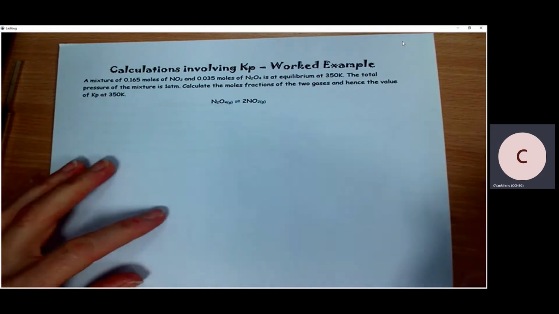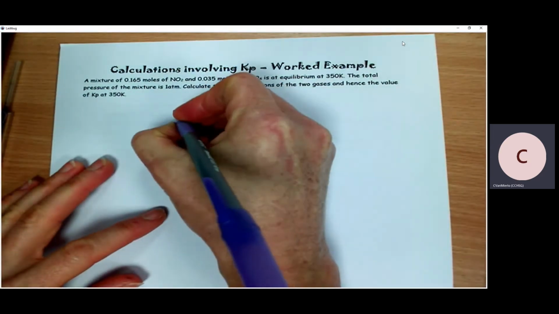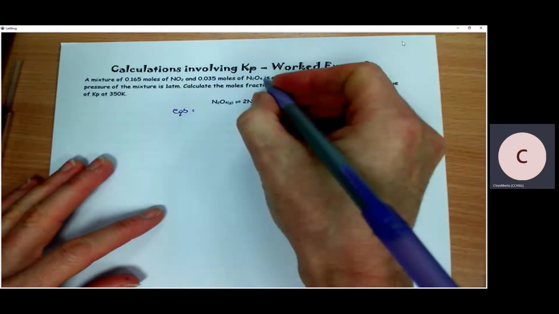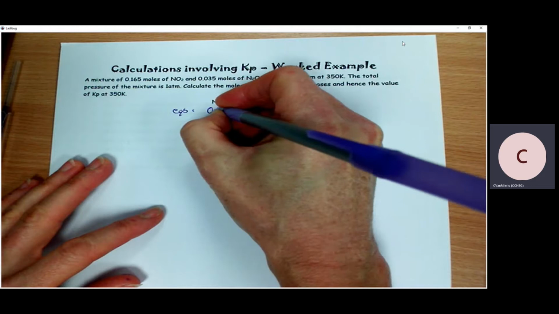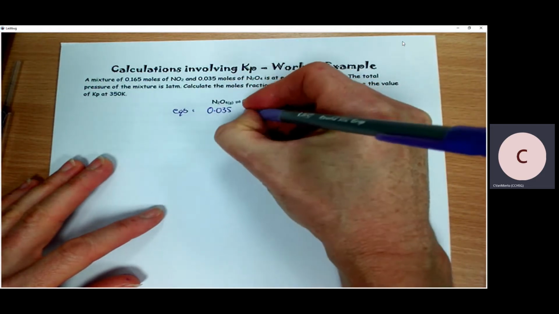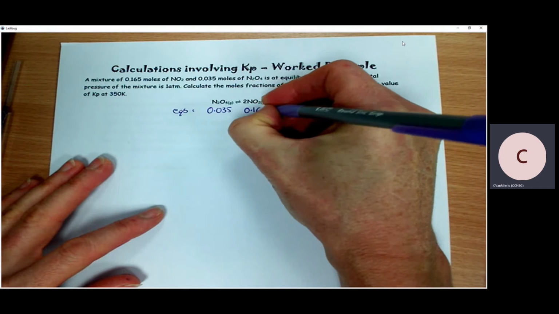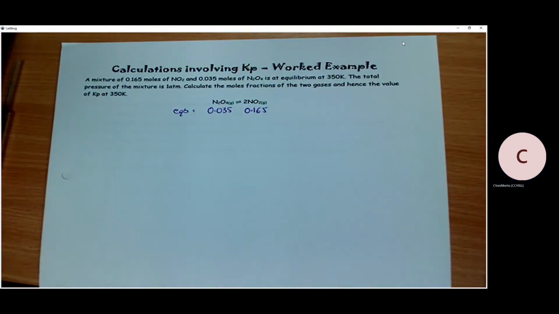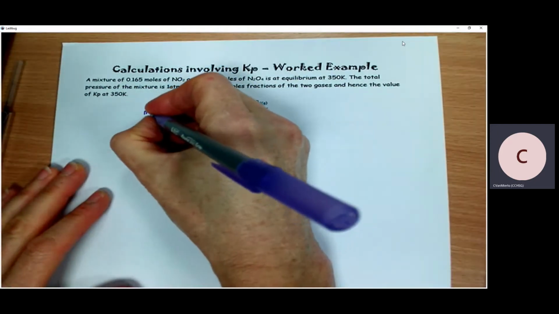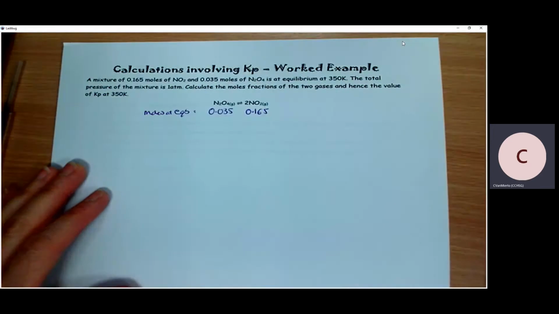Okay, so that is your equilibrium mixture. So we could even just go through and put that in straight away. So N2O4, we had 0.0335 and NO2, we had 0.165. Okay, so it's just worth putting moles at start if it's applicable. It's not here, just moles at equilibrium, and having that set out from the beginning.